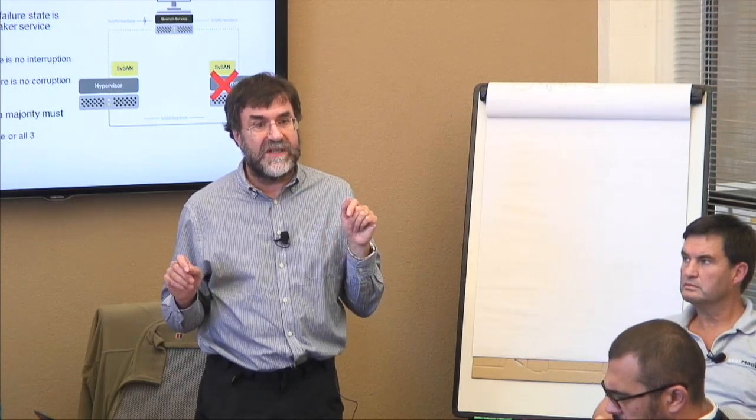Let's call it A and B. Say B's gone offline, it will change the state of the mirror to say A is synchronized, B is unsynchronized, and send that to the Quorum service. So the Quorum service now knows that B is unsynchronized. If B comes back and tries to talk to the Quorum service, the Quorum service will say, no, you're unsynchronized, stay down. So it's really the VSAs that detect that there's a problem and they just report up to the Quorum server.